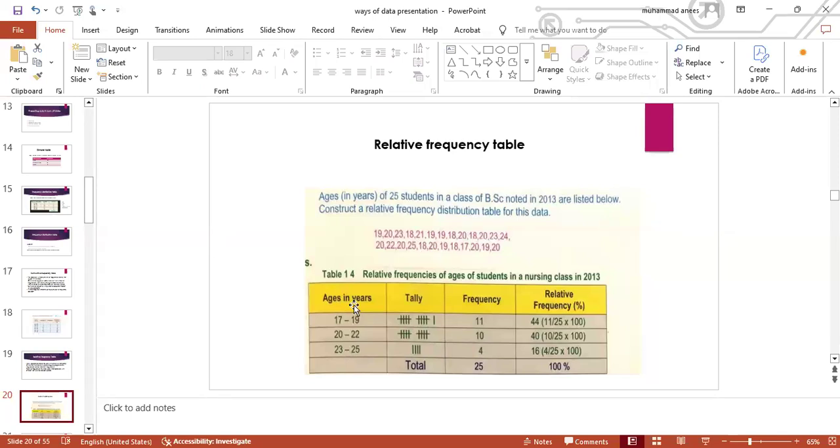We see in this case, we have the ages in years, the class intervals, the tallies and the frequencies. Now we have to calculate the relative frequency. We divide the subgroup frequency by the total frequency times 100. So in this case, 11 divided by 25 times 100 turns out to be 44, which is the relative frequency of this class.